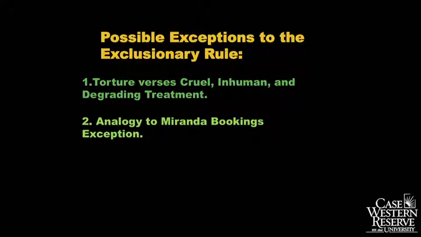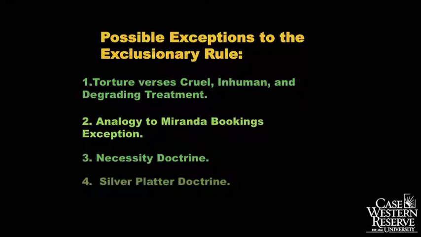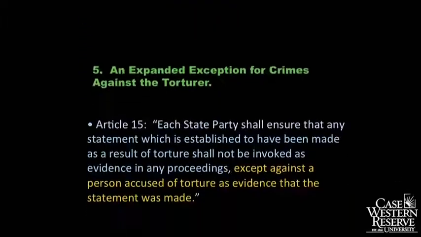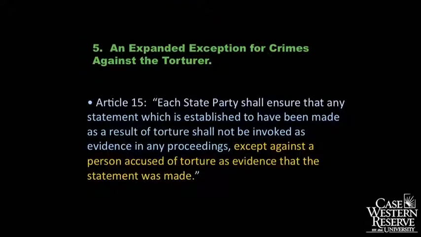And as we've seen earlier in our course, some things that don't rise to the level of torture therefore do not trigger the Torture Convention's exclusionary rule. We'll be looking at the analogy to the Miranda booking exception, something that is used in the United States under the Miranda warnings. We'll be looking at the necessity doctrine and we'll be looking at the silver platter doctrine. And finally, we'll be considering an extended exception for crimes against the torturer.